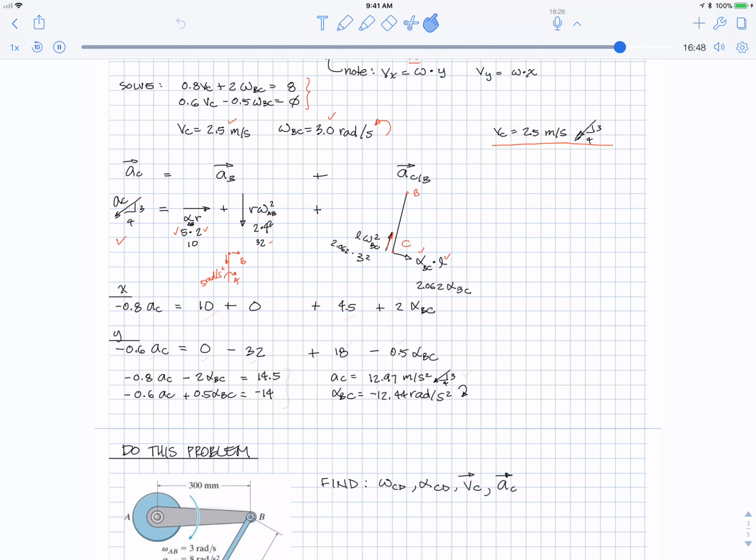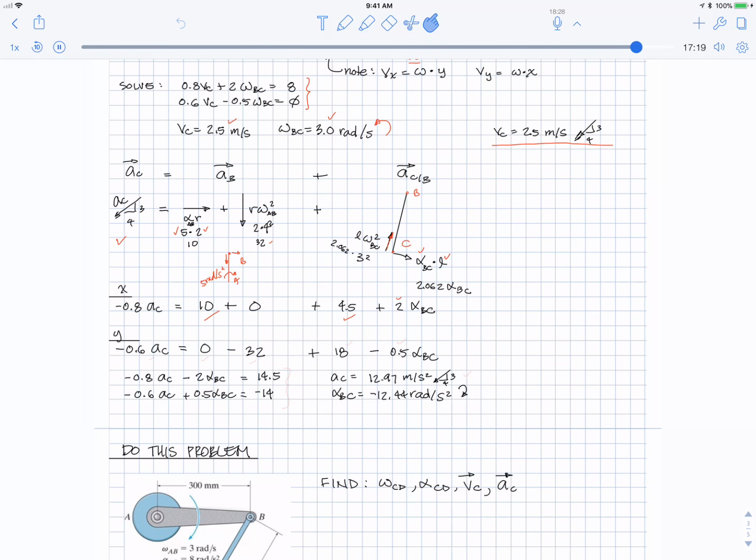Alpha r is 10, pointing to the right. This L omega squared, so 9 times 2.062. When you take the x component of that, it comes out to be exactly 4.5. And then this 2.062 alpha BC times the cosine of 14.04 degrees comes out to exactly 2 alpha BC.